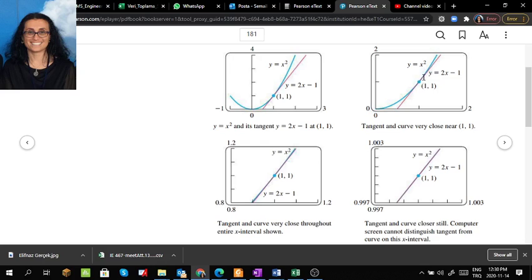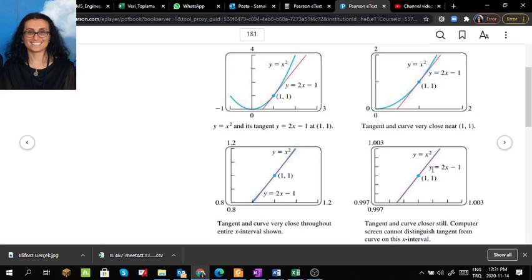With a closer look at both of them, they coincide to our eyes. In a much closer view, they exactly coincide.